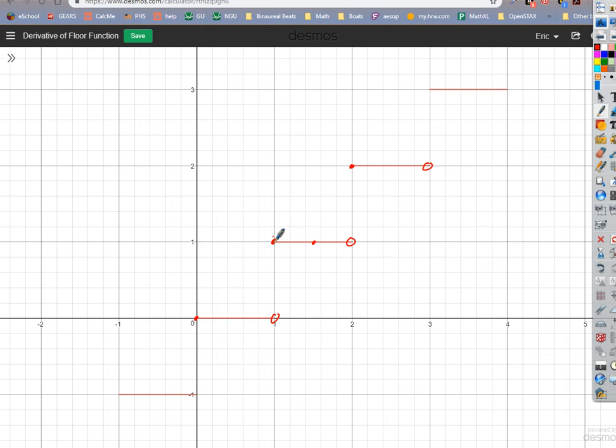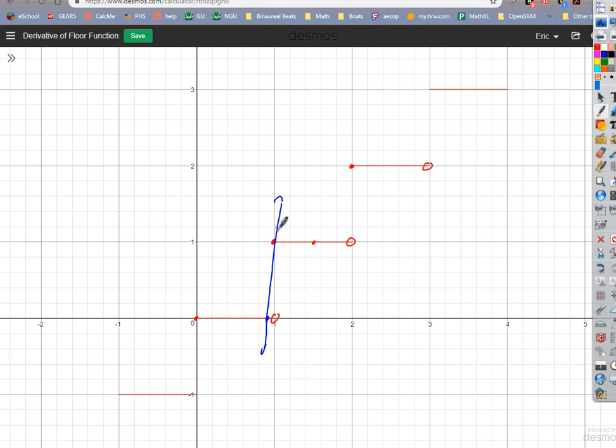As we approach 1 from the left, think about the secant line we're creating, connecting that point and that point. As I move closer, I get steeper and steeper secant lines. As I migrate this point towards x equals 1, I never actually get there; I'm just taking the limit as it gets infinitely close. So what slope am I actually approaching?